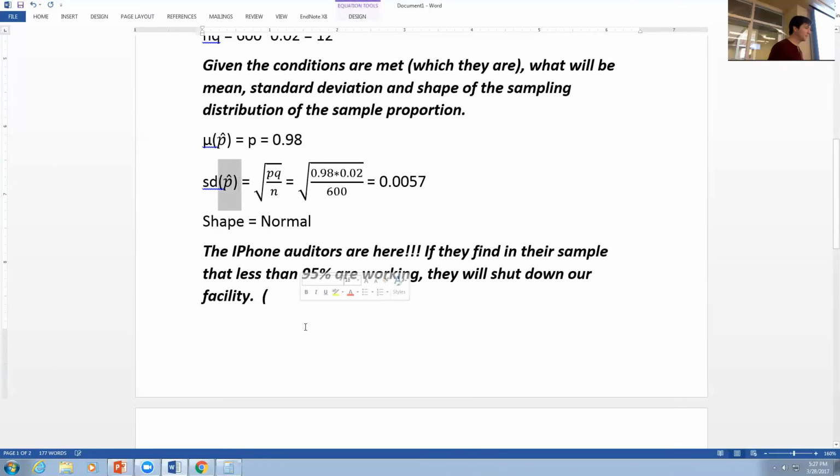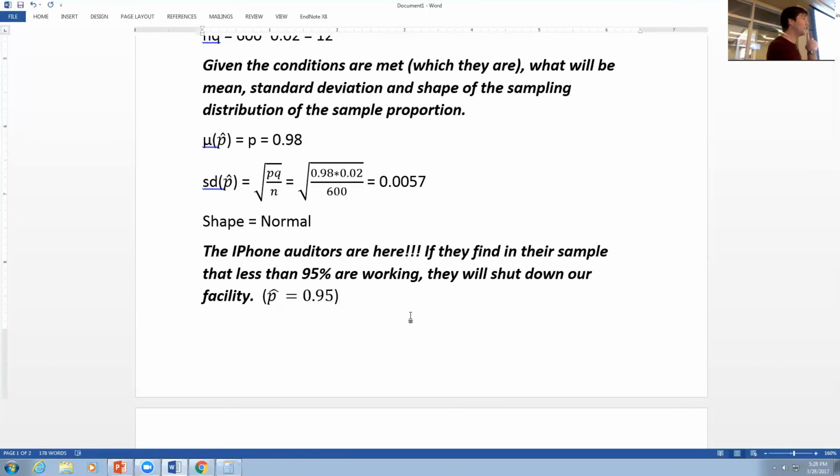95% is p hat. P hat, because when you think about it, what you're doing is saying in a sample, might we view 95%?